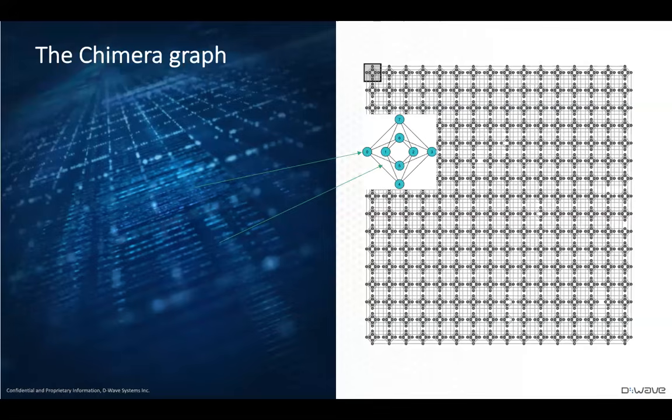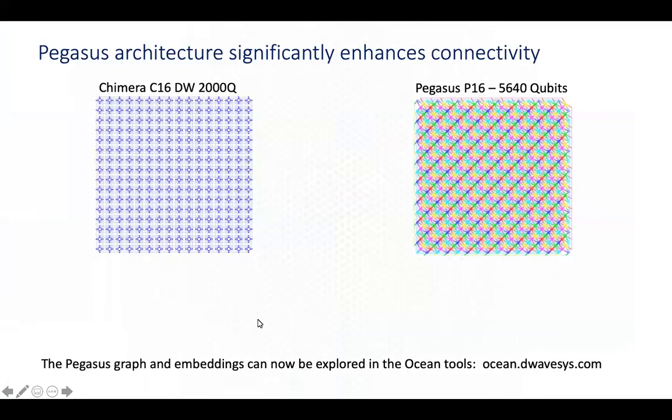It makes it possible for the programmer to apply some term, either a positive or negative term, as I showed on that programming grid. Now, as I mentioned, what is upcoming later this year is the Pegasus architecture, which significantly enhances the connectivity, targeting about 5640 qubits, and a somewhat more complicated basic notion of a unit cell.